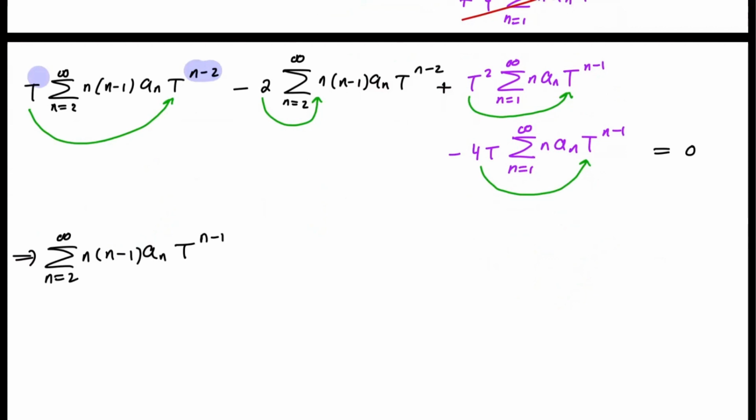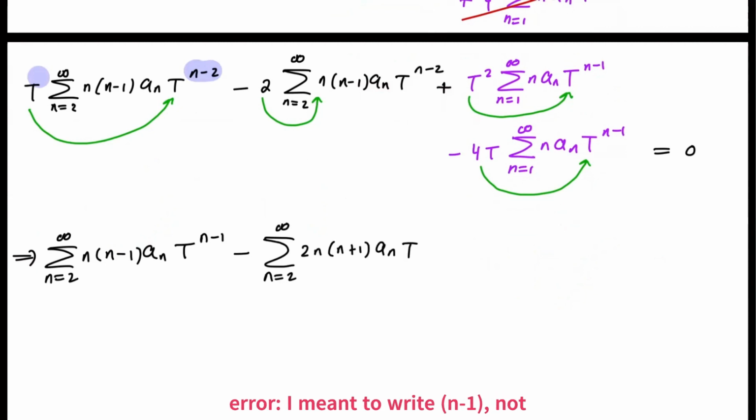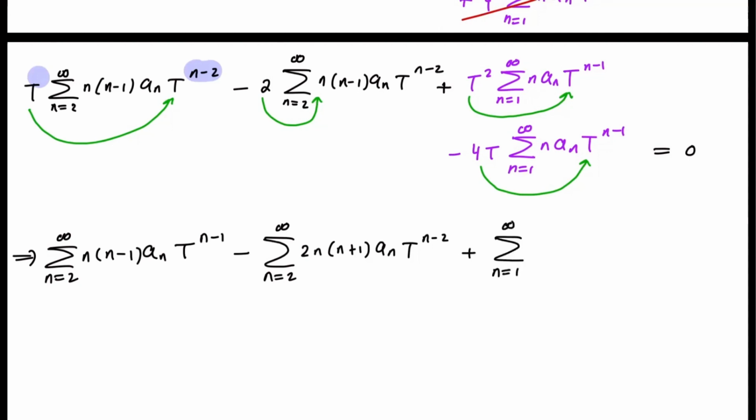Okay, minus, now I push the 2 inside. You don't have to, but I think I want to do that. And starts from 2 to infinity of 2 times n plus 1, a sub n, t to the power of n minus 2, because there is no t in front of it, plus, now the third summation, we push the 2 inside. We have the sum starting at 1 to infinity of n times a sub n, t to the power of n plus 1, as you combine the powers of t.